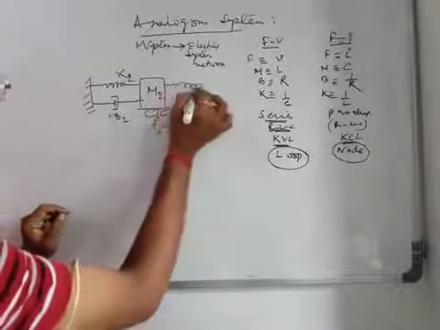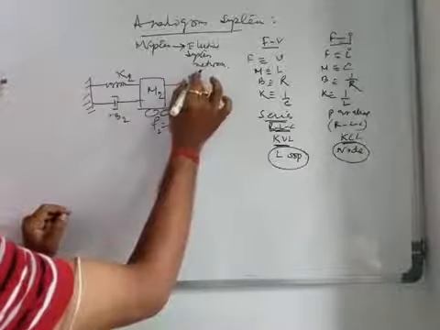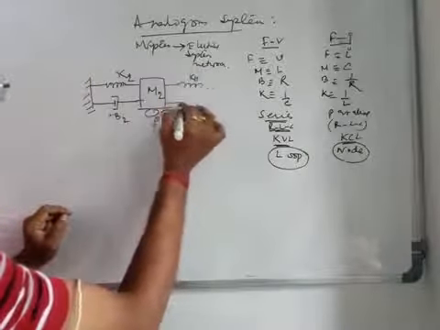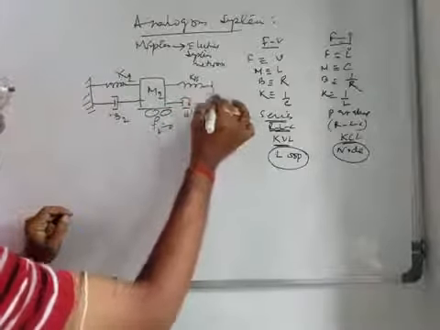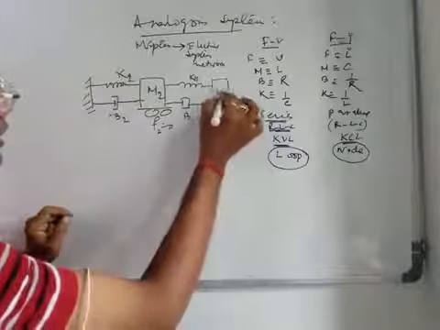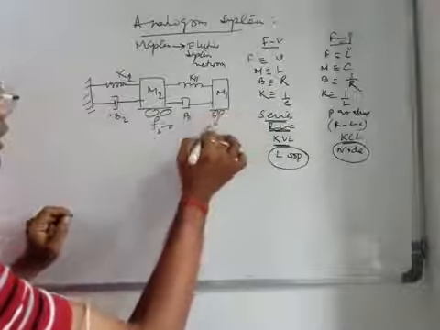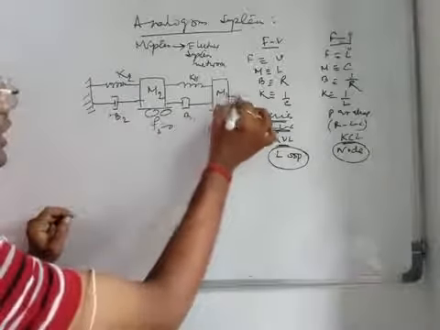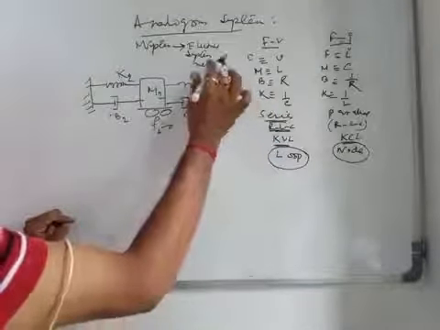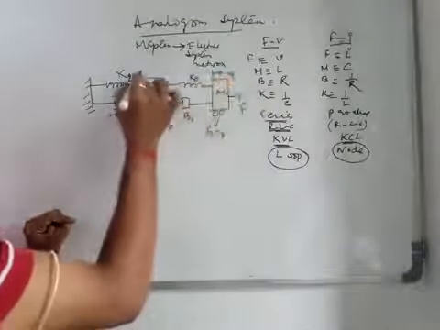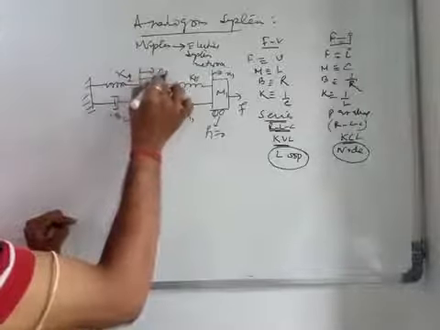Again this is connected to some spring K1, and this is B1, this is M1, F1 is equal to 0 we consider, and force is applied here. The displacement of this body is in this direction x1, and the displacement of this body is in this direction x2.